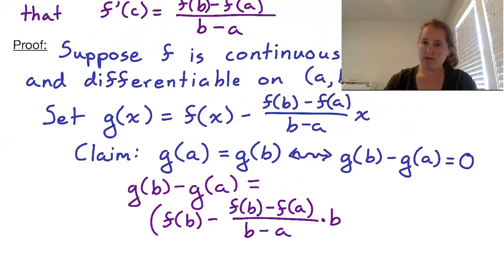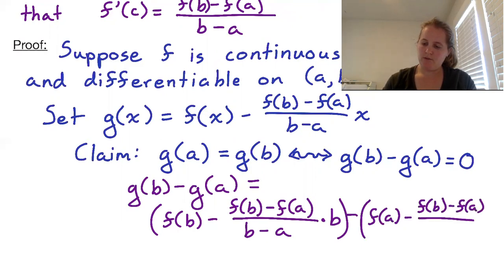And then we subtract off g of a, which is f of a minus f of b minus f of a all over b minus a times a.